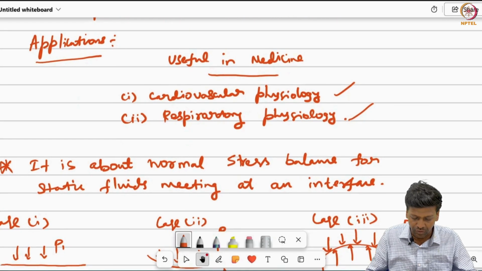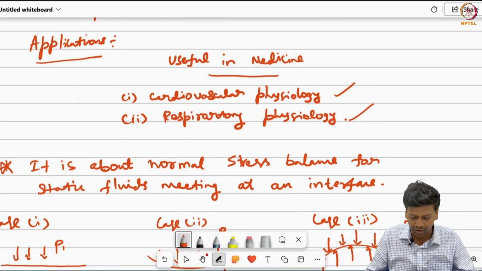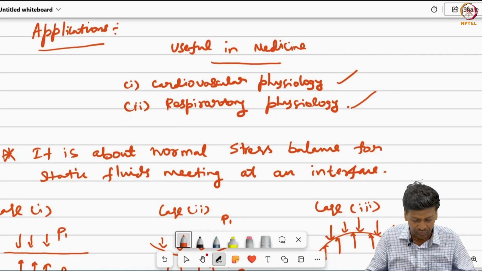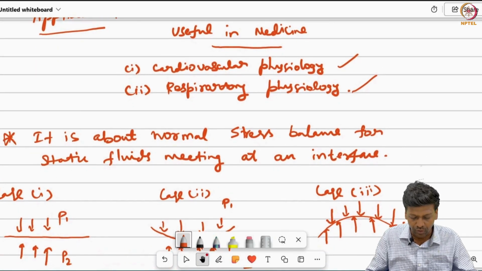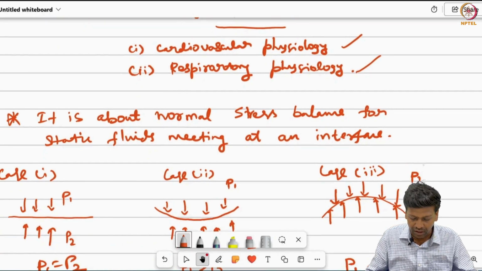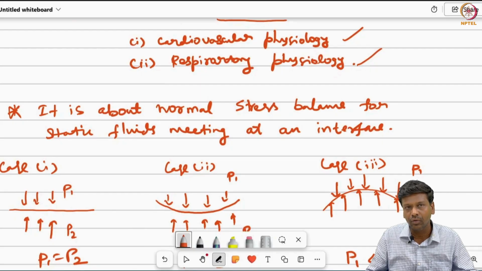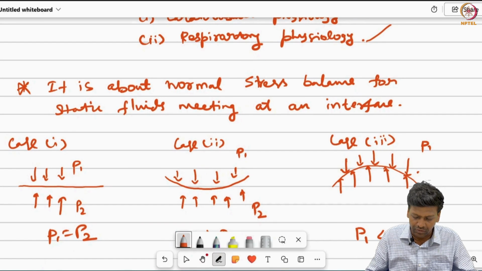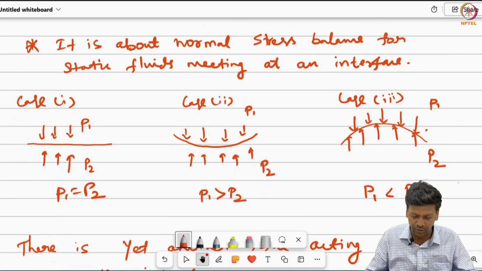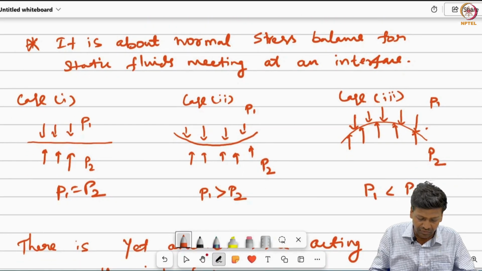You can refer to any textbook for the application in detail. But right now, what we will do is we'll try to understand how we can actually obtain a simple relationship between pressure and the surface tension.